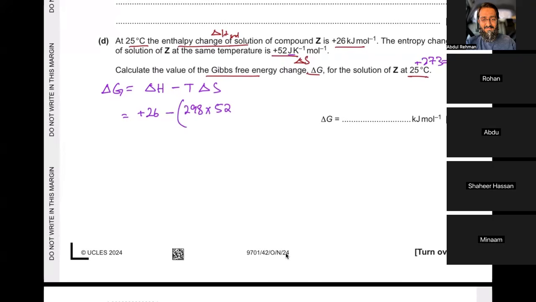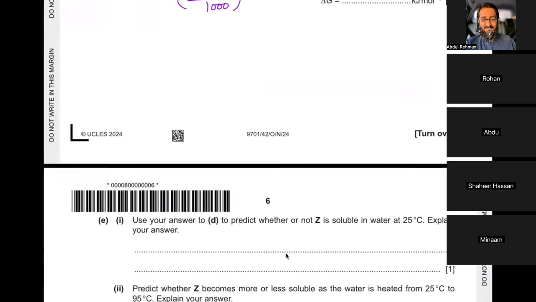See, it's joule, and we need to convert it into kilojoules. So I'm going to divide it with 1000. Can anyone solve and tell me the answer, please? It's positive 10.5. Yeah, positive value means not soluble.